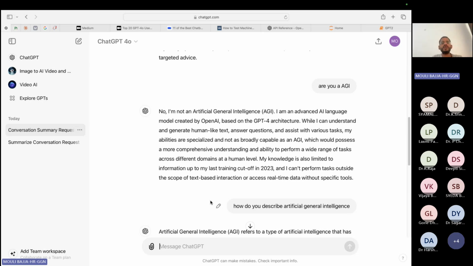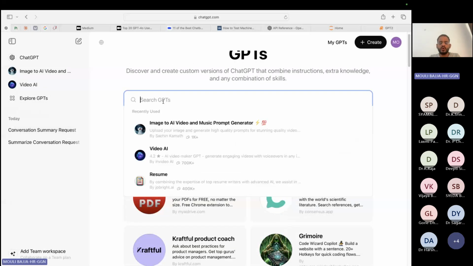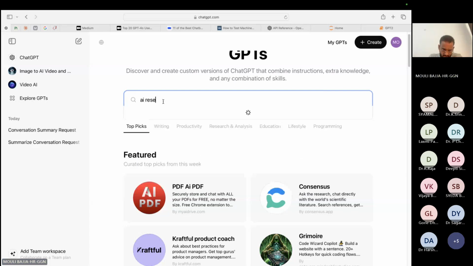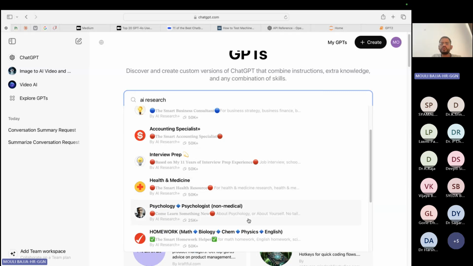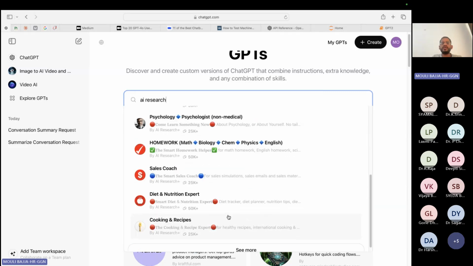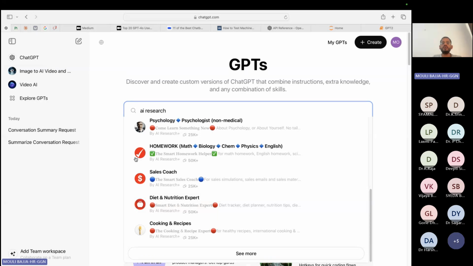Let's say I want to see a question on research and analysis. So I want to do AI research. Oh, there are so many different types of chatbots already created using the GPT here.